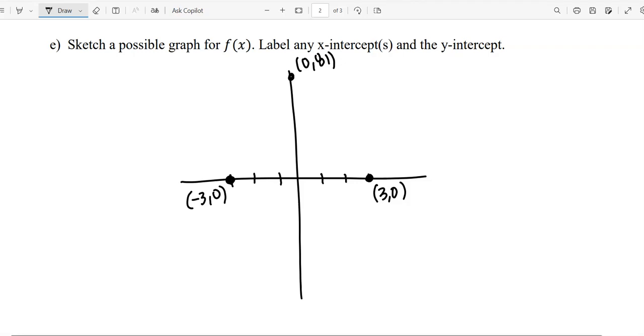And my leading term was x to the 4th, so that means my right arm should be going upward. But remember that 3, 0 has a multiplicity of 2, so it should come down, bounce, and then come back up, go through the y-intercept, and then you're going to come back down to this x-intercept, bounce, and come back up. So it's a W.